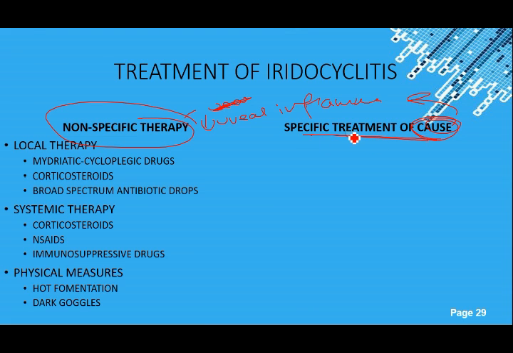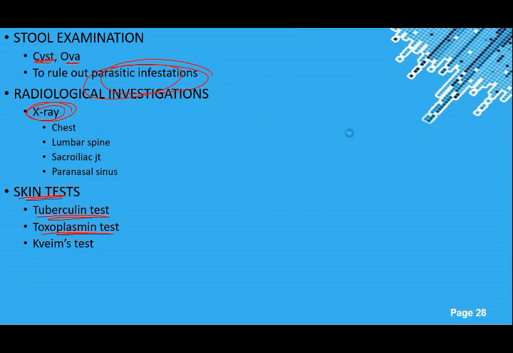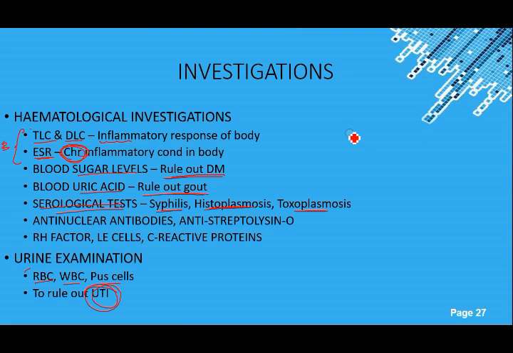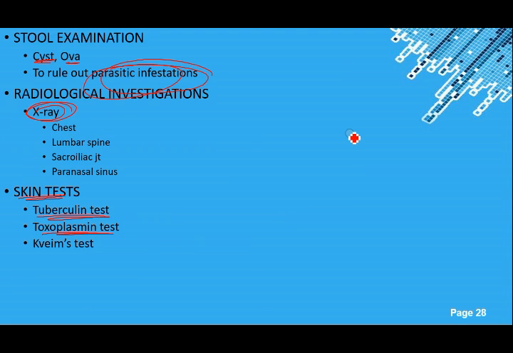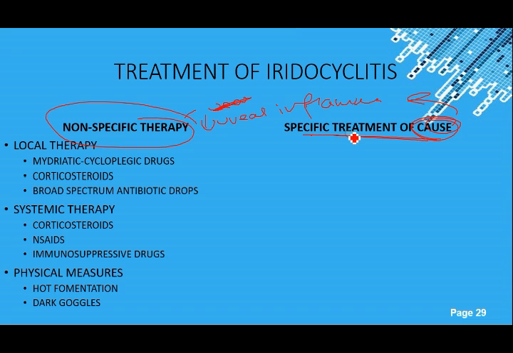So you need to find out. That's the reason we are doing all this investigation: hematological investigation, urine examination, stool examination, radiological investigation, and the skin test is to find out the cause. Because if you treat the cause, the uveal inflammation would decrease. But obviously you're also going to give symptomatic non-specific therapy.